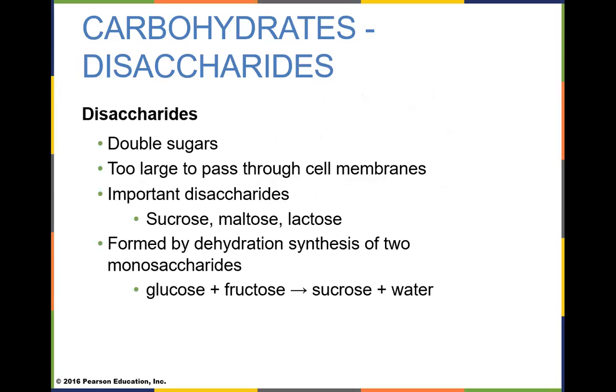So the disaccharides include sucrose, which is table sugar, maltose, which is malt sugar, and lactose, which is milk sugar, the stuff that shows up in dairy products. They're all going to be disaccharides. They're all some variation of 2 monosaccharides linked together.